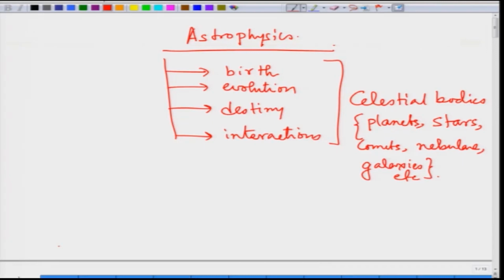When we talk about celestial bodies, it is not really about a specific type of body or a specific type of mechanism, but rather we will be mostly interested in understanding a specific type of phenomena, and how, in terms of the basic laws of physics, we can predict or understand what is going on even at a very simple level.